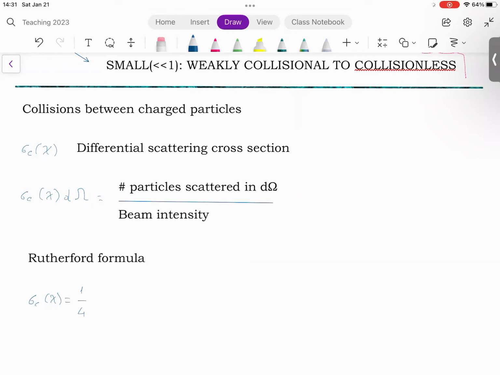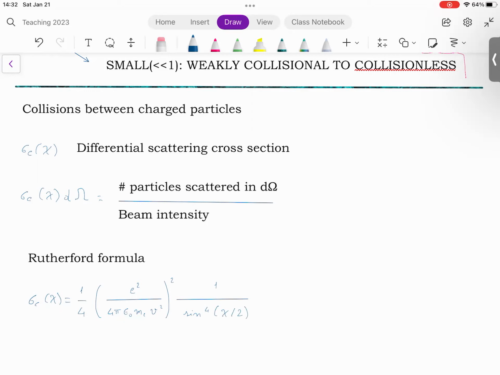Okay, that expression looks something like this. I'm going to have one quarter of e squared, where e is the charge of my particle, divided by 4 pi epsilon naught times m_e, I'm thinking of electrons, of course, v squared, all squared, times 1 divided by sine to the 4th power of the angle chi divided by 2.